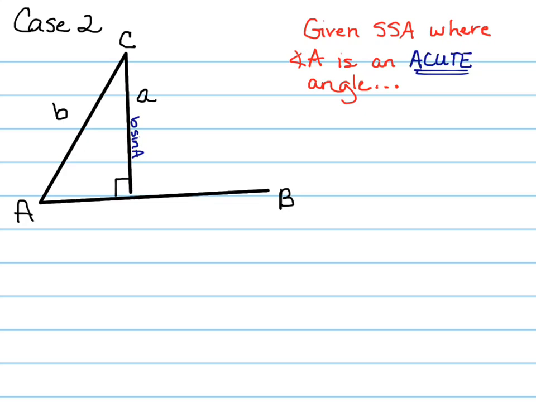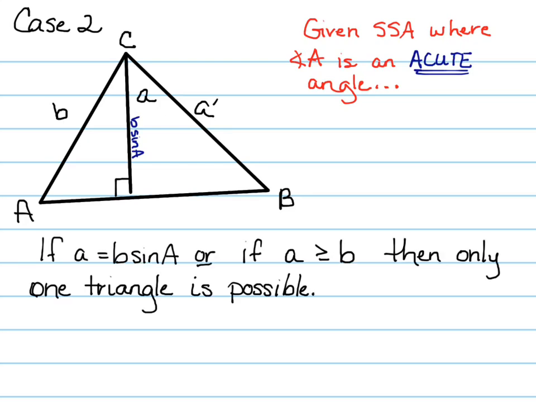If side A is longer than side B, then it will also create one triangle. So again, if side A is equal to B sine A, or if side A is greater than or equal to side B, then only one triangle is possible.